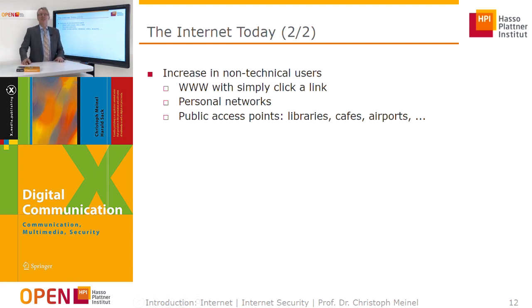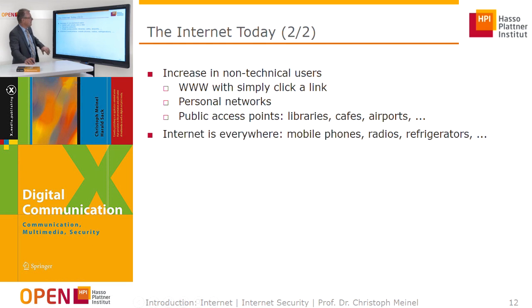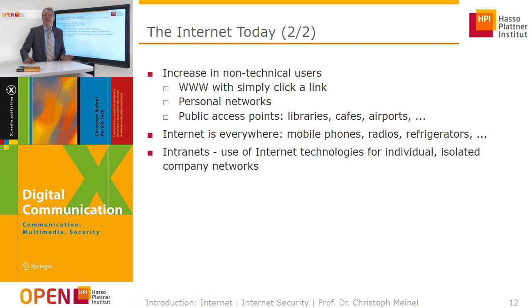One can use the internet in a personal network. There are a huge number of public access points in libraries, in cafes, in airports and other places. So the internet is everywhere. You know this from your smartphone, from radio, you can receive TV, even household devices can be controlled via the internet.